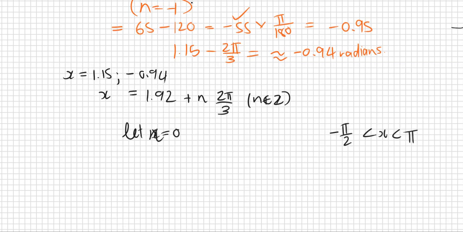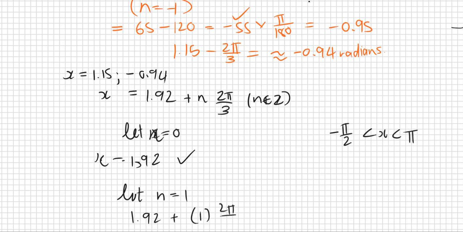Let's just check that. Yes, that works. And then if we let n equal 1, then we have 1.92 plus 1 of the 2 pi over 3.